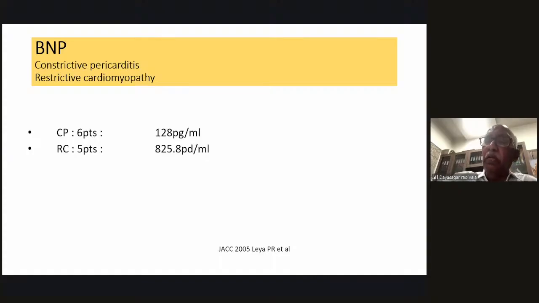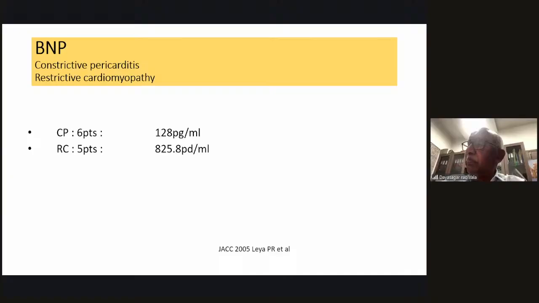So, are there any biochemical tests or any hematological tests by which we can differentiate restrictive cardiomyopathy from constriction? Yes. BNP is not elevated in constriction.